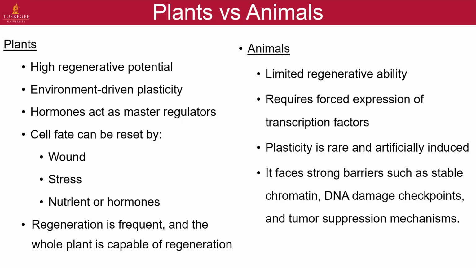On the other hand, cellular plasticity in animal cells is very, very limited and rare. Most of the time it has to be induced artificially. There are very few cases where cellular plasticity occurs naturally, because most of the time animal cells try to prevent cellular plasticity, and this is because of the different factors that we talked about.